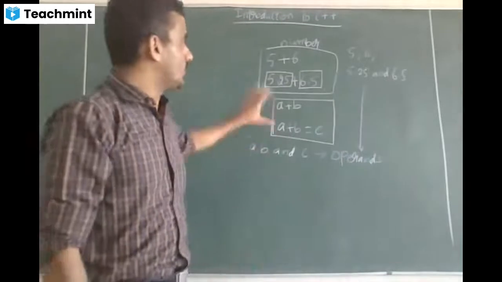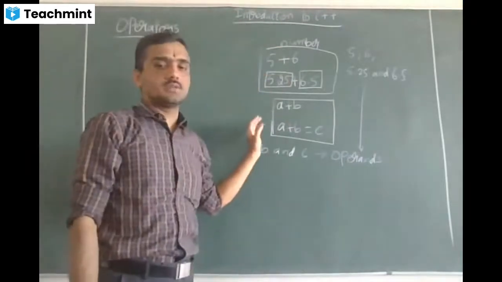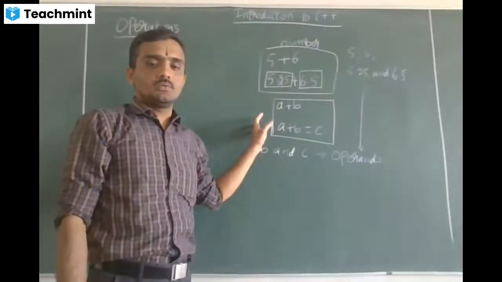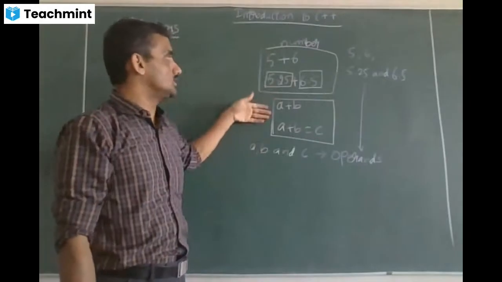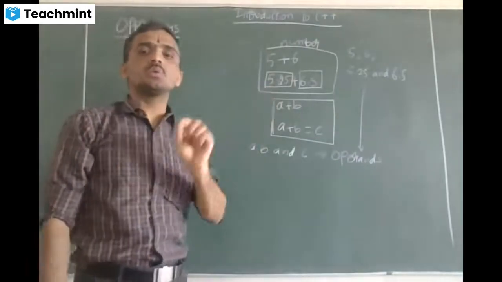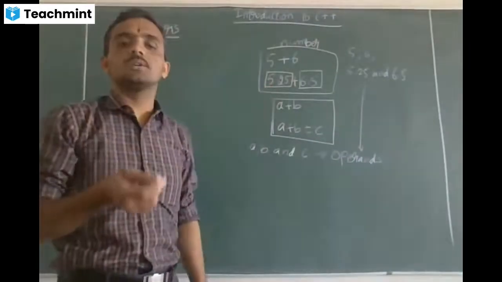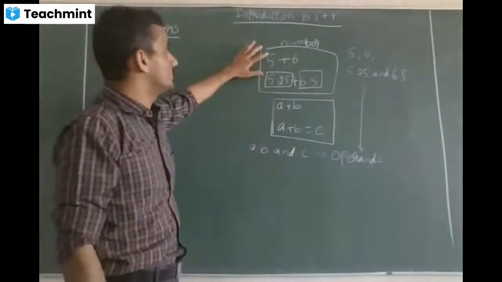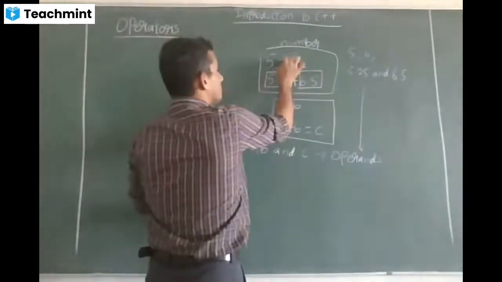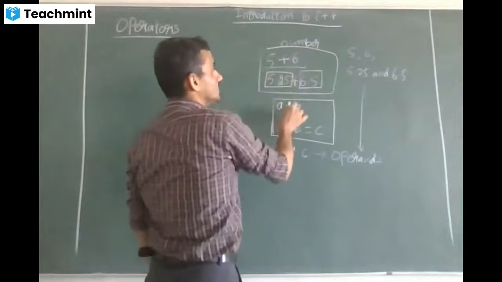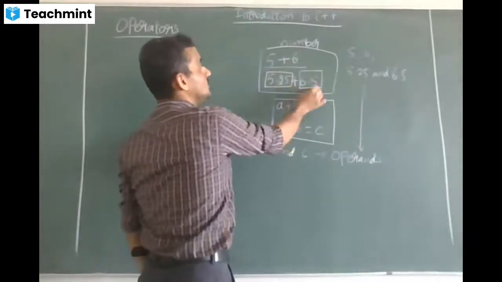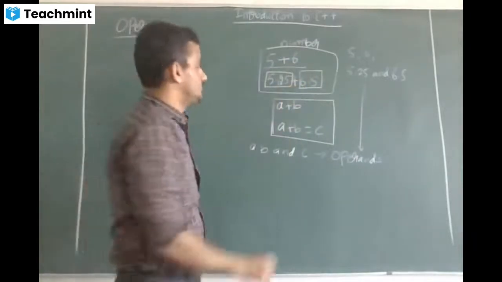In a given equation, as in mathematics, there will be two things: one is the operator, another is the operand. Here, plus is an operator, and 5 and 6 are operands. Plus is an operator, and 5.25 and 6.5 are the operands.